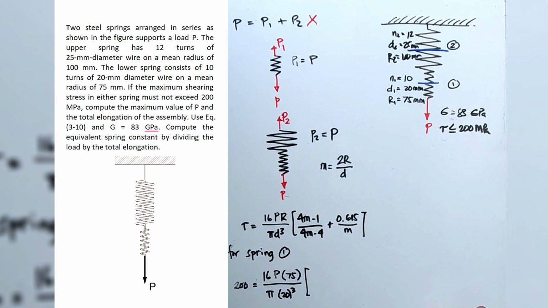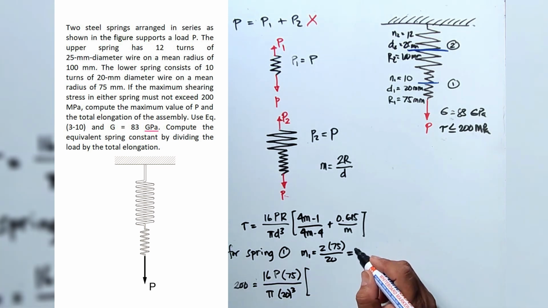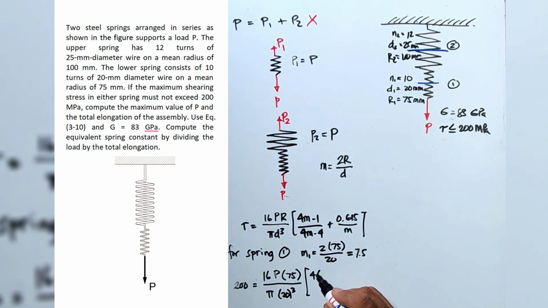We don't have m yet, so let's solve for m. M1 equals 2 times R1, 75, divided by the diameter 20, equals 7.5. So that's 4 times 7.5 minus 1 divided by 4 times 7.5 minus 4 plus 0.615 divided by 7.5.